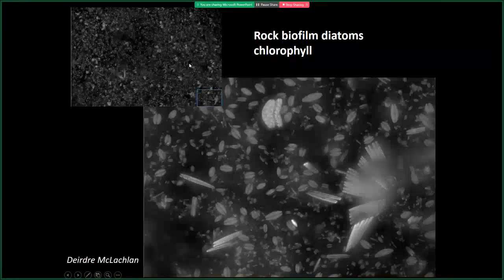You can see there's an awful lot of diatoms of different kinds in there. And then at the bottom, I've just zoomed into this blue square, this very small area, and you can see the incredible detail that the Mesolens can retain in its images, which can be zoomed up for much more detailed analysis, right down to the single cell level. And this was obtained by Deirdre McLaughlin.